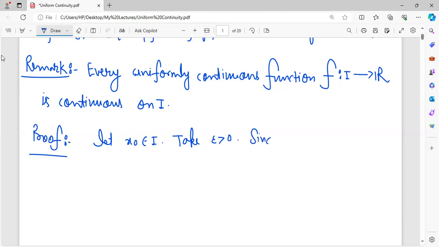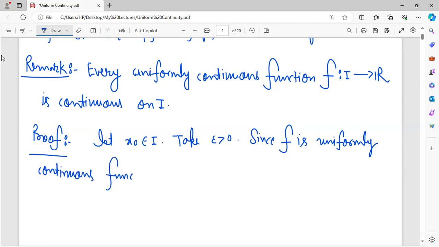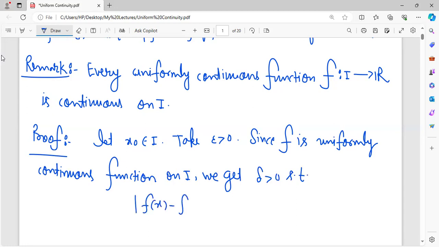Since f is uniformly continuous on I, we get delta greater than 0 such that |f(x) - f(y)| is less than epsilon for all x, y belonging to I with |x - y| less than delta.